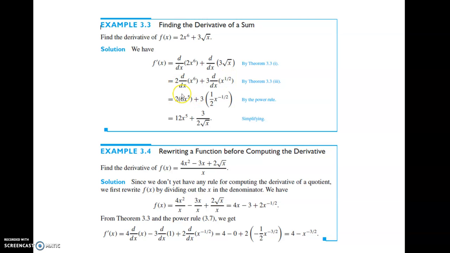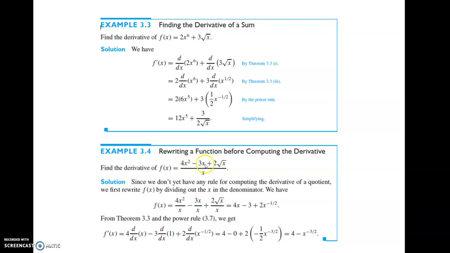So 2 as it is, I use the power law r x to the power r minus 1, that is 5 times r x to the power half minus 1, that is minus half. So I simplify this: 6 into 2 is 12, 12 x to the power 5, and this minus half can be brought down, this is half. So 3 by 2 root x is the answer. So in this example, this is not the sum of functions.